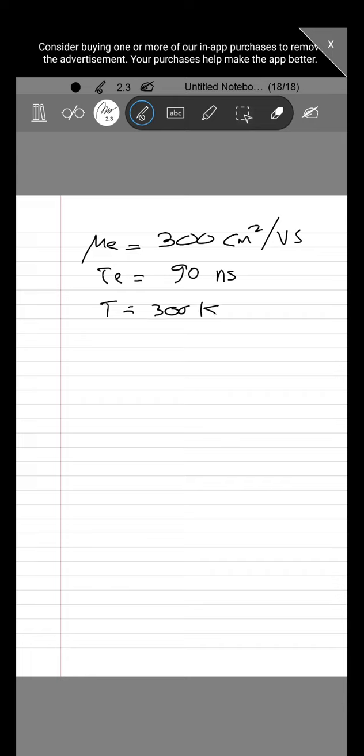So we need to find out the minority carrier diffusion length, that is LE.